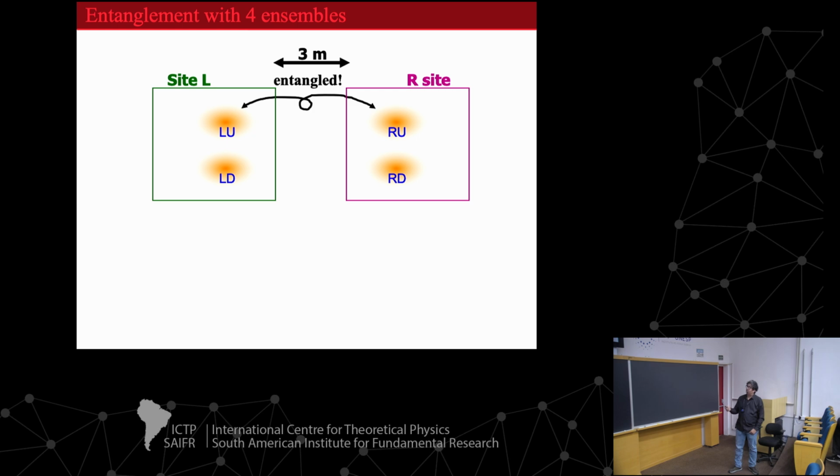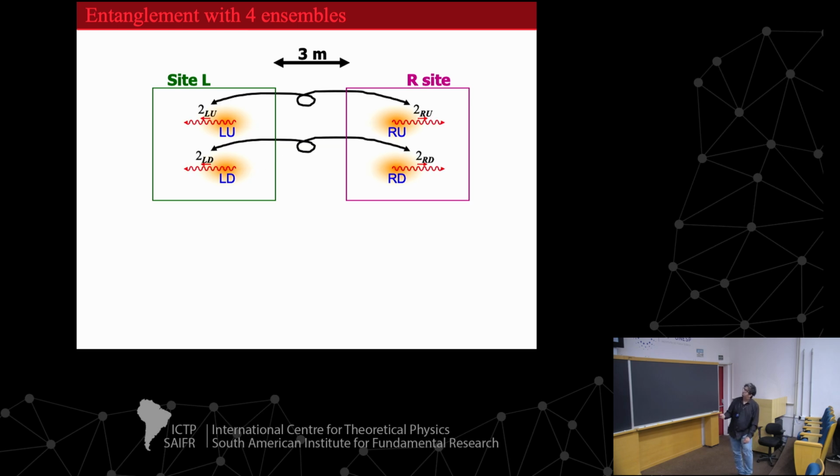Then I can do the protocol from my last lecture to entangle these two memories, and now I have a second pair. So I can hold this entangled pair and wait until this second pair is entangled. When the two pairs are entangled in parallel, then I can read everybody together, and they're going to emit photons.